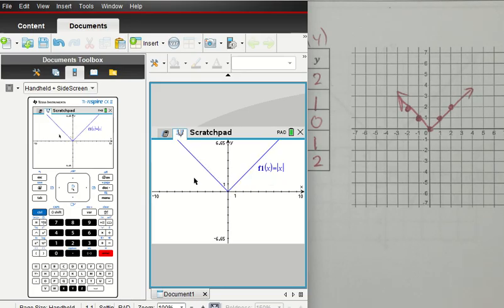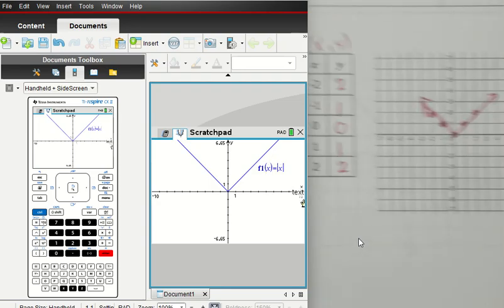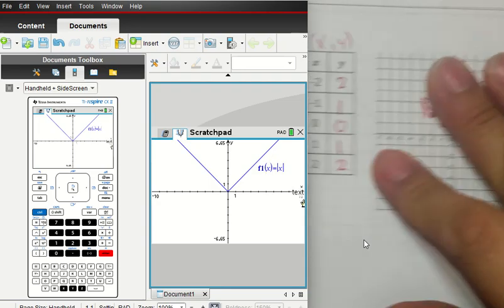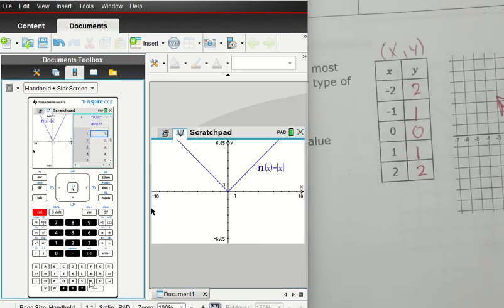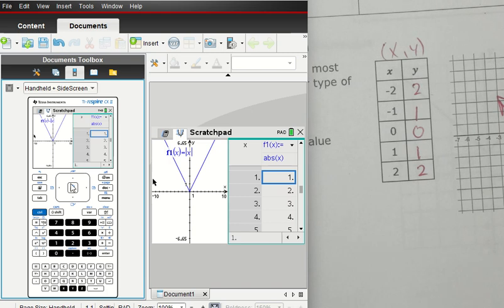And if you ever need to analyze the points of this in a table format, kind of like what we did right here on this paper, you could just do Control T, and then there's the table of that function. You can go up and find more points or down, but basically these are the points right here that you see in the function we created manually.